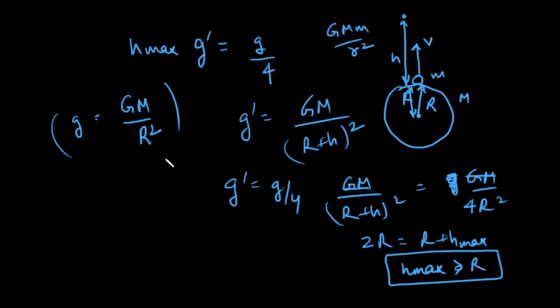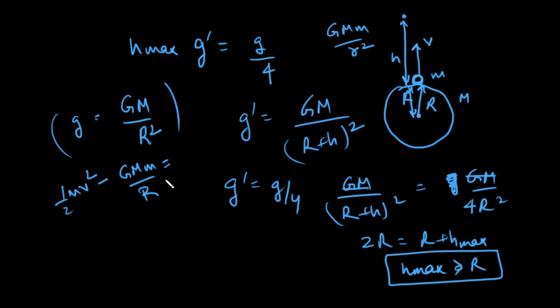You see, we now use the energy equation. When the object is at the surface, it has two energies, because initial velocity is v. It has kinetic energy, and also gravitational potential energy due to the planet, which would be minus GMm by r.